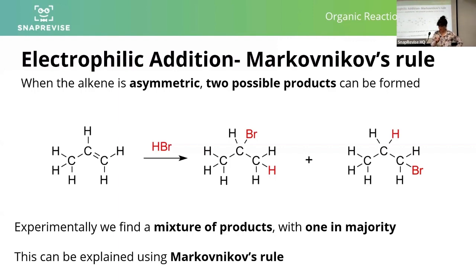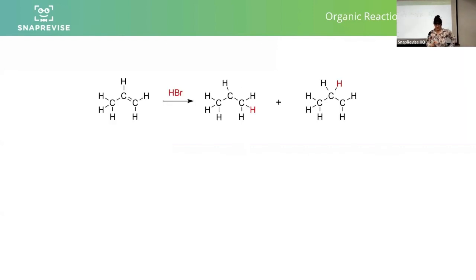How do we determine which is going to be in majority and which is going to be in minority? When you think about it, you've got to think about the process by which they get there, the reaction mechanism that takes them from this reactant to the product. Let's think about it here. In each case, you're going to get the attack of our electrophile, which has got its permanent dipole on it.